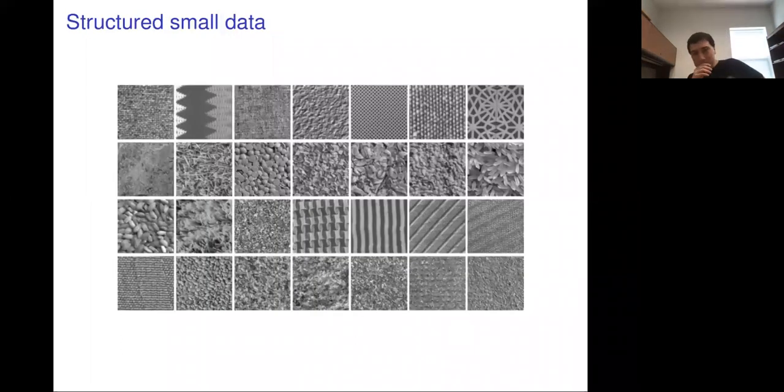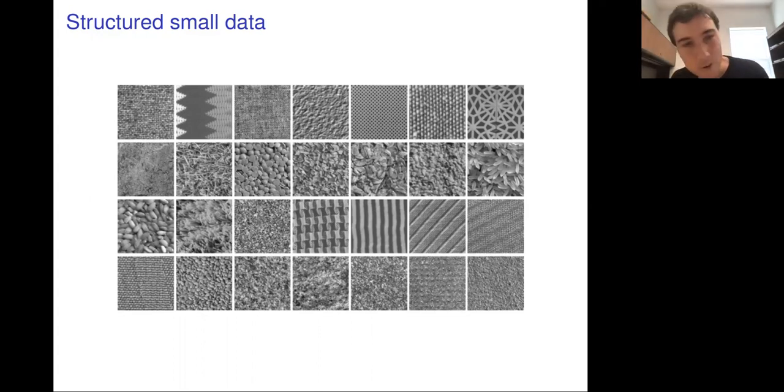But a lot of times still, even in this day and age, there are a lot of data problems where you really don't have access to all that much data. And you still want to be able to say something about the data set. So this is just an example of a relatively small data set here.